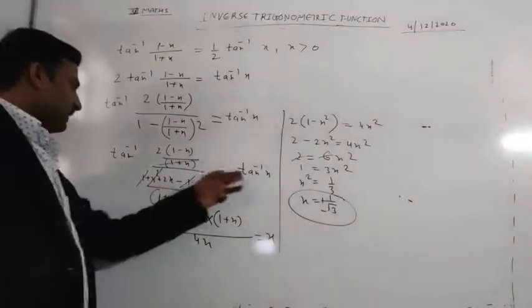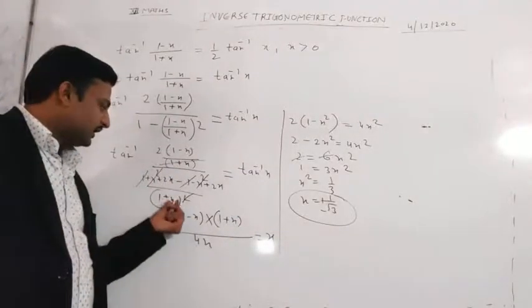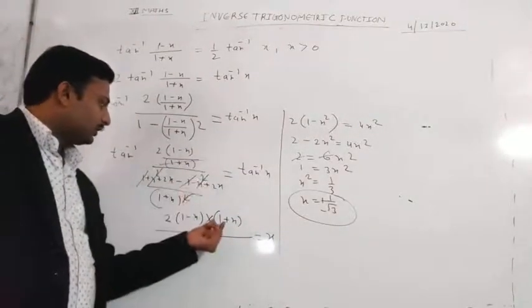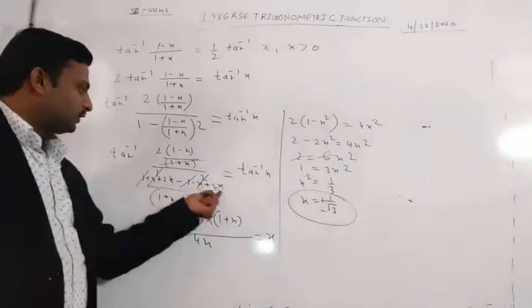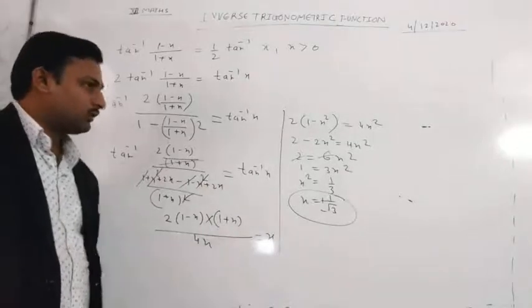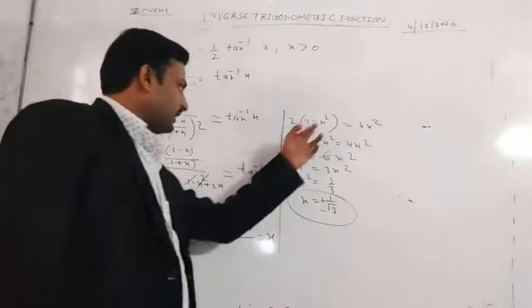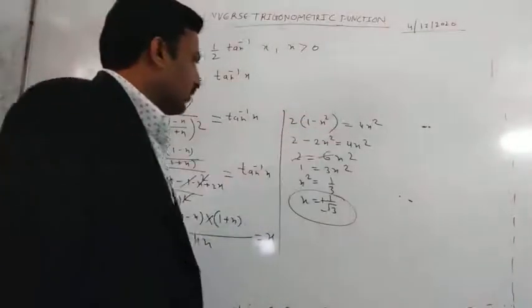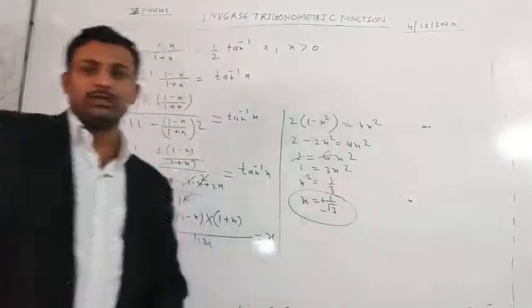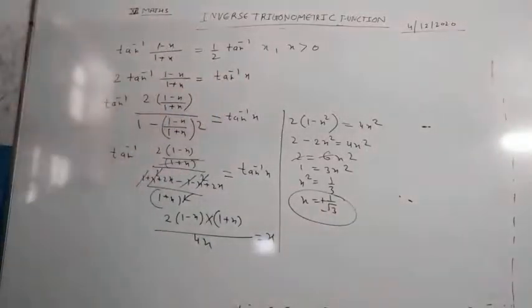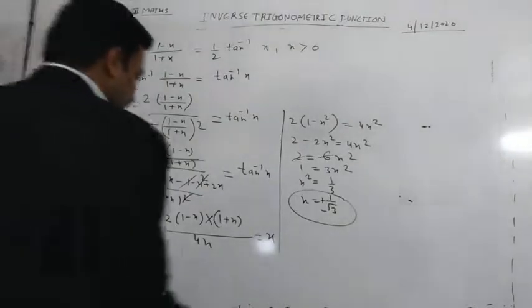So tan inverse will reduce from both sides. So we get 2(1 minus x), and this goes to the numerator. So it will be 1 plus x here, and this 2x and 2x will be 4x is equal to x. Now we will cross multiply this. So we get (1 minus x square) 2 equal to 4x square. And after simplification, we will get our x is equal to plus minus 1 by root 3. Okay, now we will see the next question.